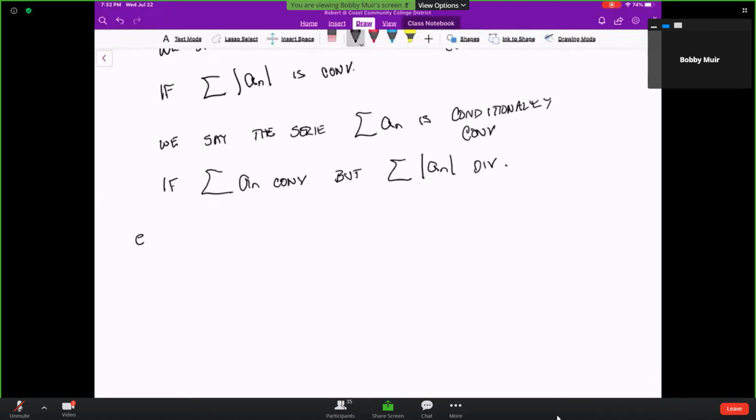So the standard example here is the alternating harmonic series, k equaling 1 to infinity, negative 1 to the k plus 1 divided by k. This is conditionally convergent because if you take away the absolute values, you would end up with the sum of 1 over k.